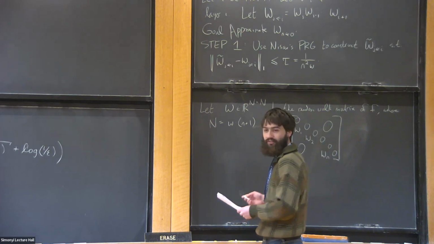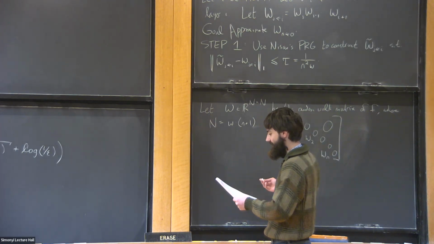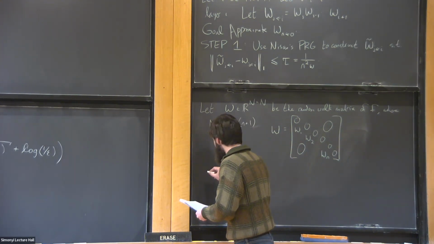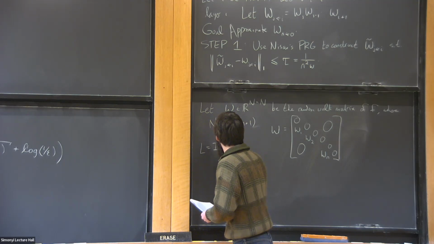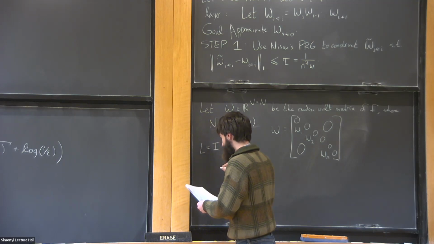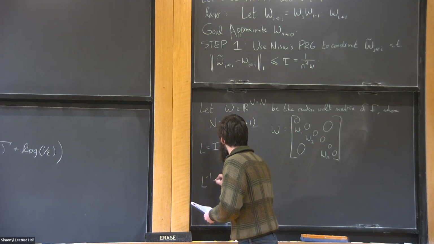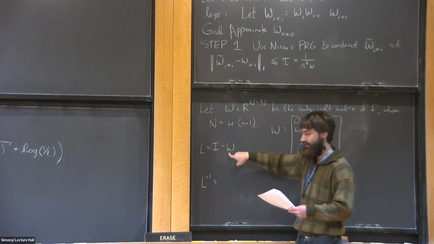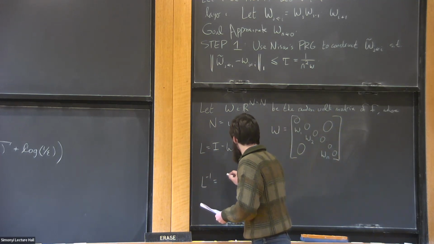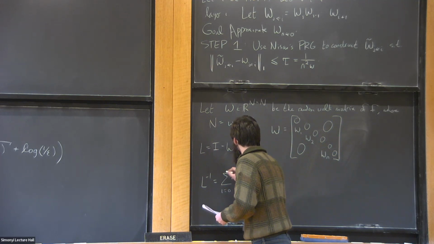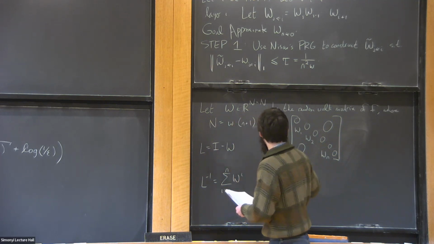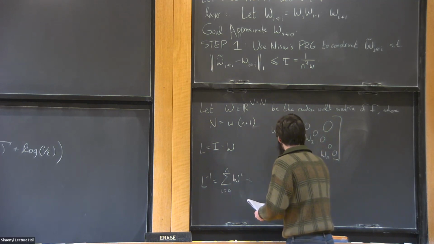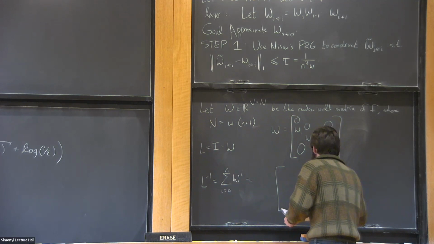Okay, and as we were discussing yesterday, if you were here, what we really want to look at here is the Laplacian matrix. And the reason is that if we take the inverse of this Laplacian, the inverse of I minus W, this is like a geometric series. Right? It's the sum of the powers of W, which is basically the matrix of all the answers that we're looking for.